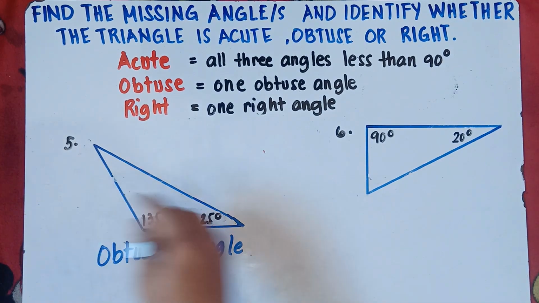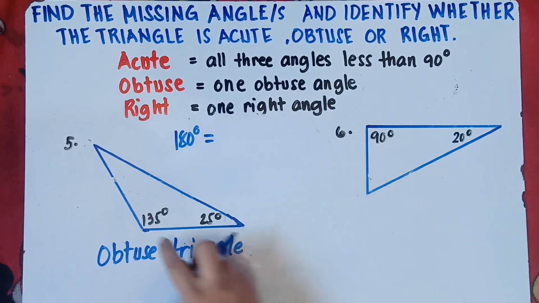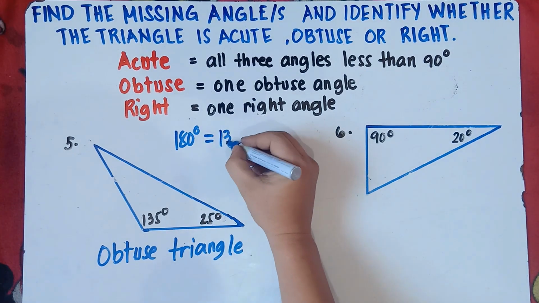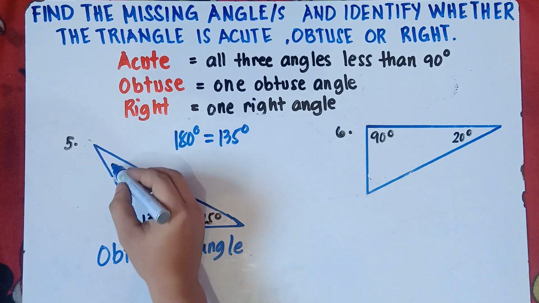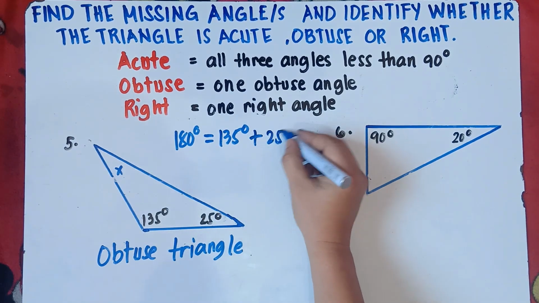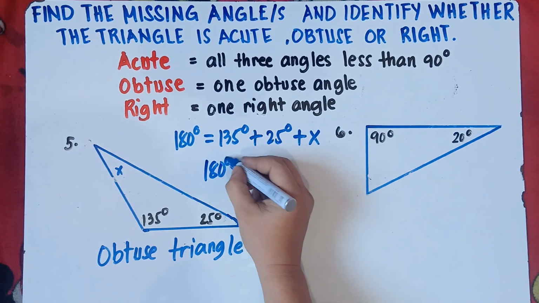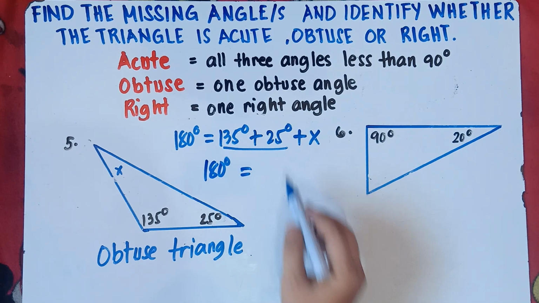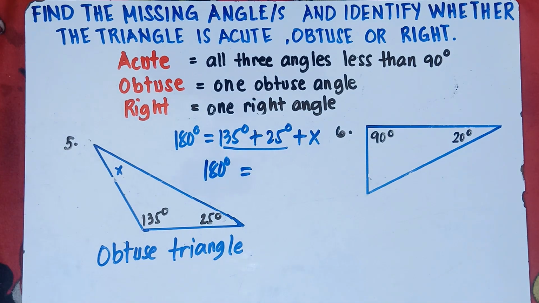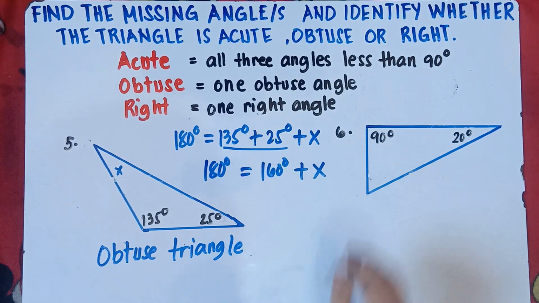So to find this angle, we can use the formula 180 degrees equals, you add these two angles, 135 degrees. Let's label this one as x, plus 25 degrees plus x. So 180 degrees, copy. Then you combine, you add like terms. 135 degrees plus 25 degrees, that would be 160 degrees plus x.